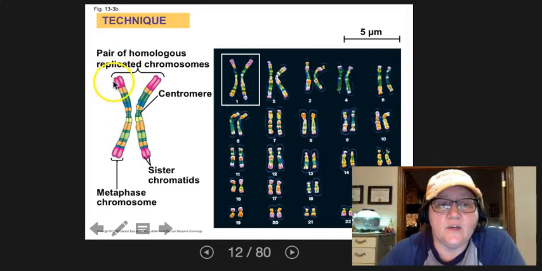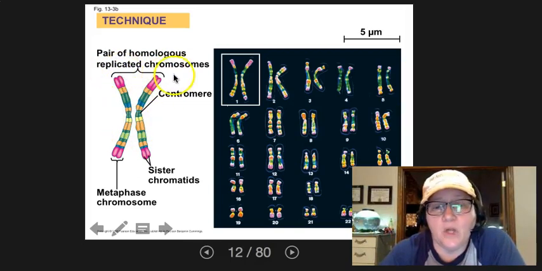Okay, so right here, this guy is a chromosome. This guy is a chromosome. It's been condensed. We're looking at them when they're in metaphase. They're all condensed down. Say this one's from mom and this one's from dad. Okay, so I have a pair of number 1s. So I have a pair of homologs or homologous chromosomes.